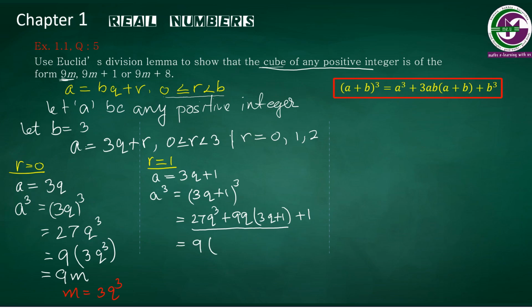So it will be 9 times 3q cube plus q times 3q plus 1, plus 1. So you can take the complete bracket term as m, so that we'll get it equals 9m plus 1, where m equals 3q cube plus q times 3q plus 1.